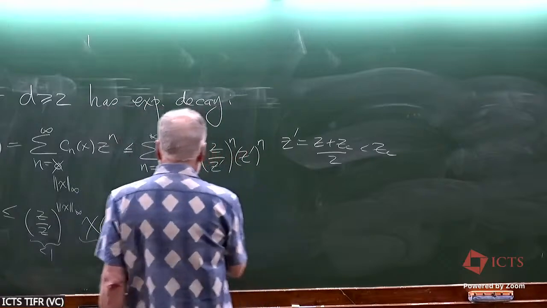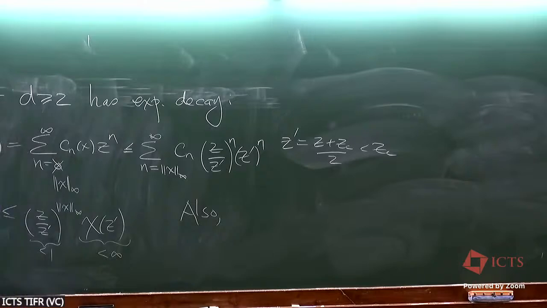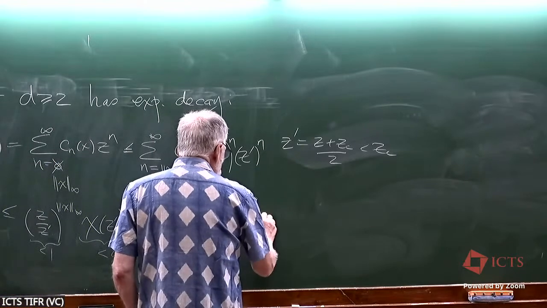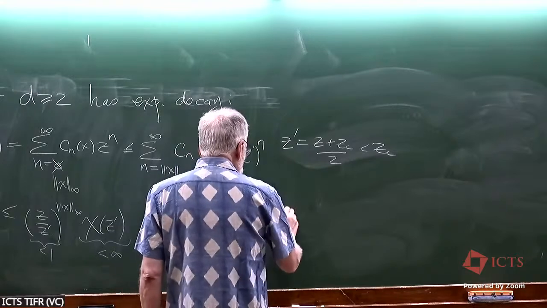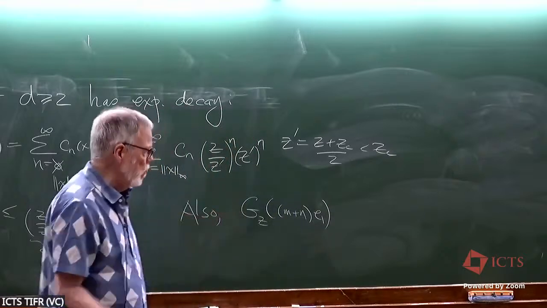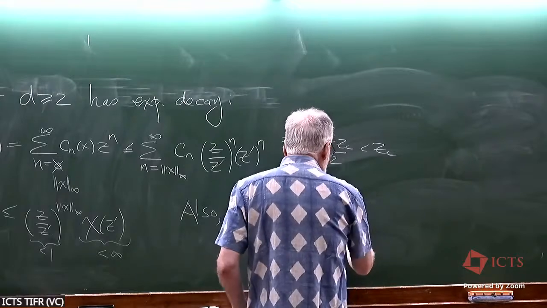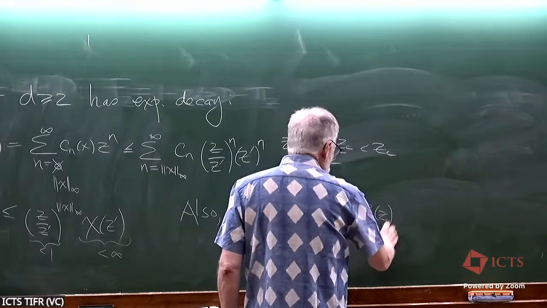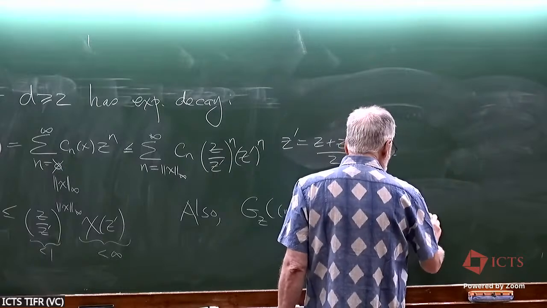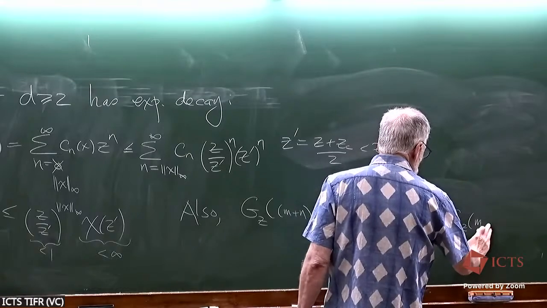Now I also have the following inequality. If I look at g_z of (m plus n) times e_1, where e_1 is the unit vector in the one direction, this is less than or equal to the bubble diagram, which I'll define, times g_z of n e_1 times g_z of m e_1.